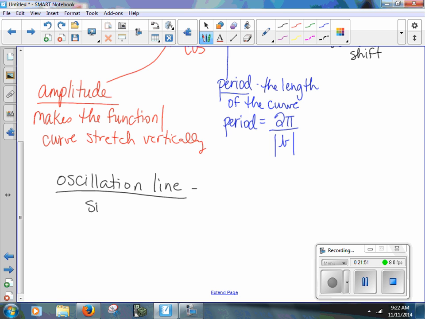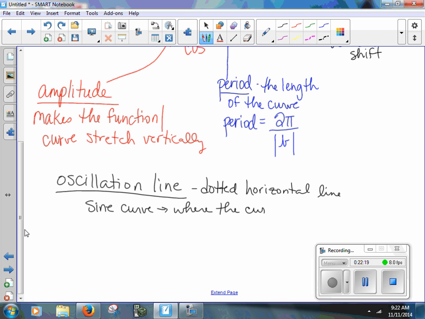For the sine curve, this is a dotted horizontal line that we're going to draw in. Everything to me is based on the oscillation line. Once I figured this out, graphing these things became a piece of cake. But it's a dotted horizontal line.